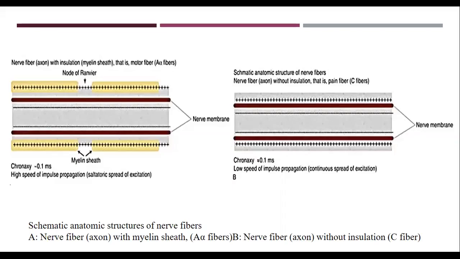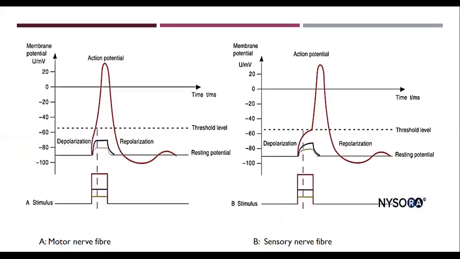These are the pain fibers. The schematic anatomic structure of nerve fibers is shown here. Coming on to the action potential difference between the motor nerve fiber and the sensory nerve fiber: in the motor nerve fiber, the depolarization occurs immediately, as you can see here, whereas the depolarization takes more time in a sensory nerve fiber.